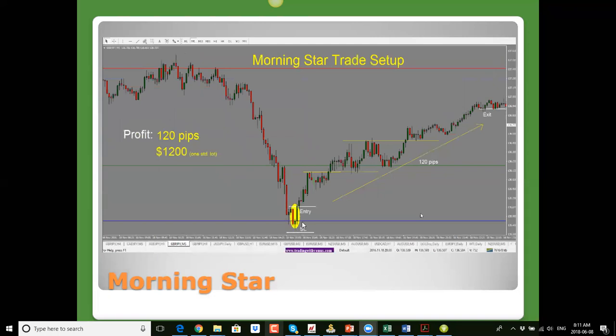So this one I like because it pulled back above our support level here, could not hold below. You could wait for another candle here, and then take the trade. But this one here is a good morning star trade setup, and as we can see, price goes up after that. So this is a nice reversal pattern.